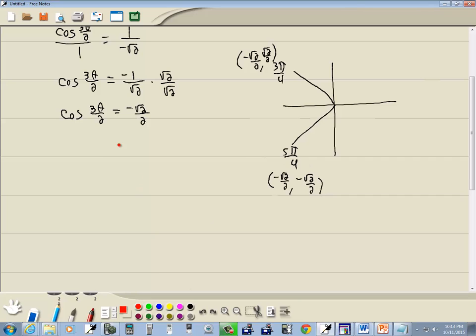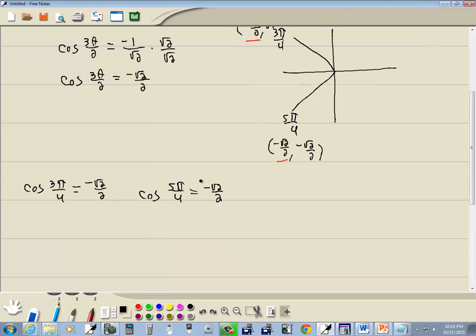So if we're looking where cosine, which is our x, equals negative square root of 2 over 2, it's here and here. Okay, well let's start off with 3 pi over 4. So we've got cosine of 3 pi over 4 is equal to negative square root of 2 over 2. And also, let me go ahead and write it, cosine of 5 pi over 4 is equal to negative square root of 2 over 2. I don't know if we'll need any more, but let's start with that.